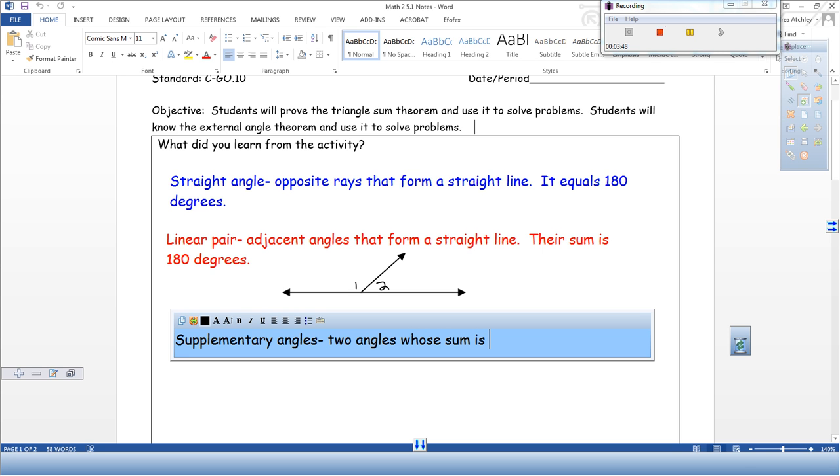Sum is 180 degrees. The difference between a linear pair and supplementary angles is that they don't need to be adjacent to each other. Linear pairs have to be next to each other. They have to share a common ray. Whereas supplementary angles can just be two separate angles that just happen to add to 180.